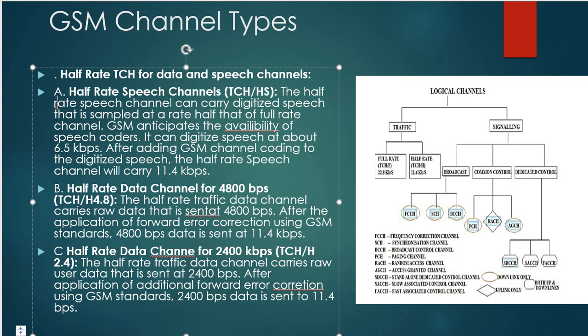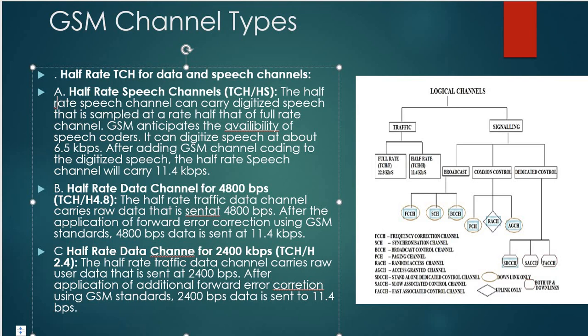After adding GSM channel coding to the digitized speech, the half rate speech channel will carry 11.4 kbps. So we need to digitize our voice communications, and after digitizing the speech and adding the GSM channel coding, the half rate speech channel carries the digitized information at 11.4 kbps.